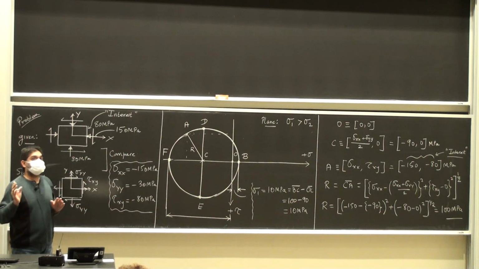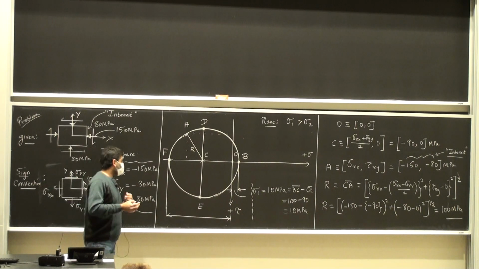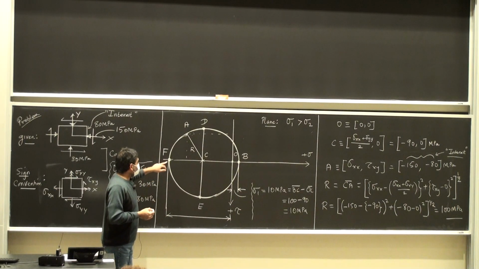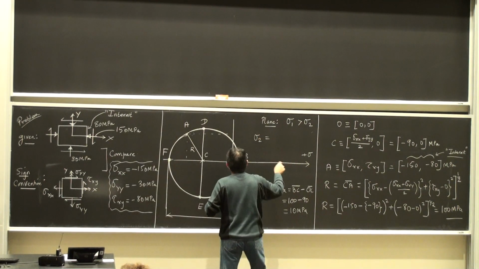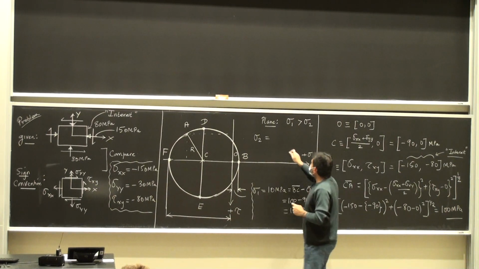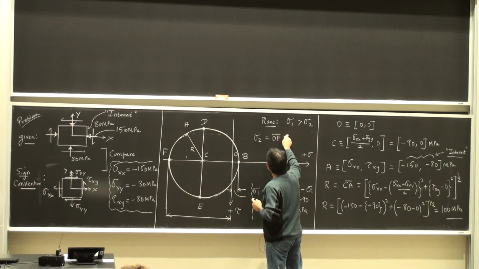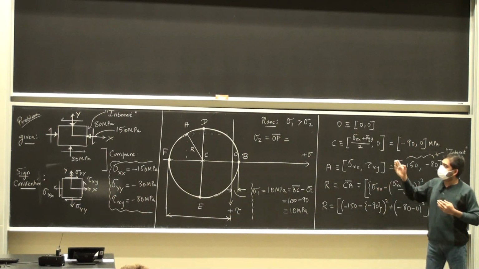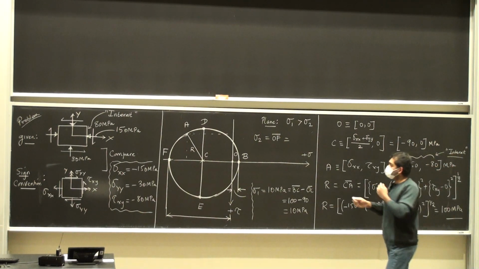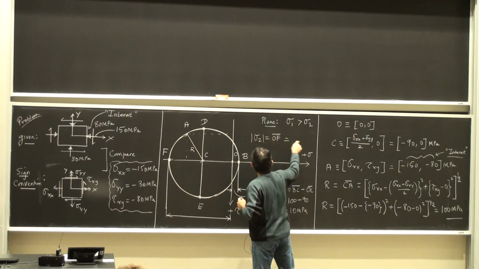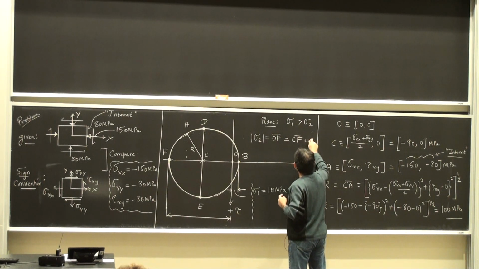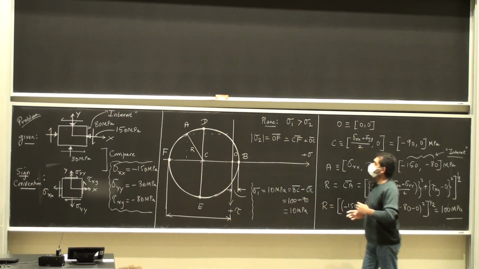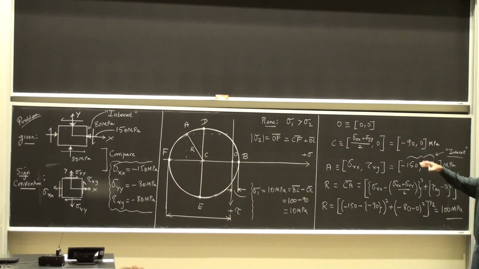Whichever is the most negative value, or the smaller of the two values, the signed value, that's going to be sigma 2. Sigma 2 is going to be the distance from O to F. I'm going to write it here. It's the distance from O to F, which is going to be the distance from C to F, and then the distance from O to C. This is the magnitude of sigma 2, C to F plus O to C. This is the magnitude, but sigma is on the left half plane, so it has to have a negative value.